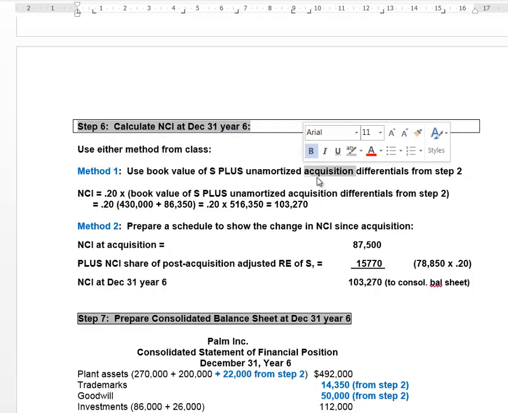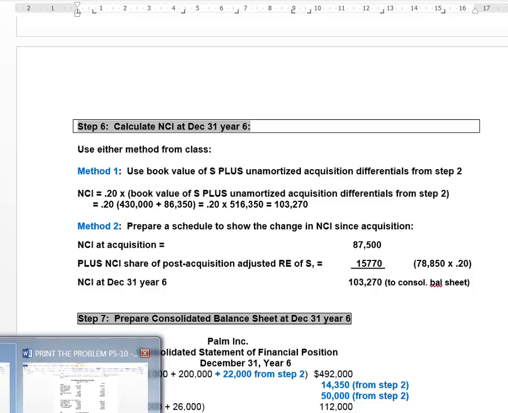Some students prefer to use method 1, which means that the NCI is going to get allocated, at any point in time, the book value of the sub at the date for which we're calculating NCI, which is the end of year 6, plus any unamortized acquisition differential, and we can get that from step 2. We can get the book value of S if we look at the year 6 statement.